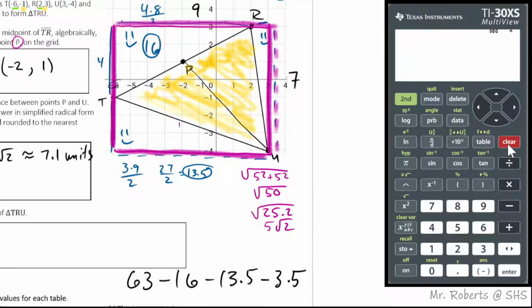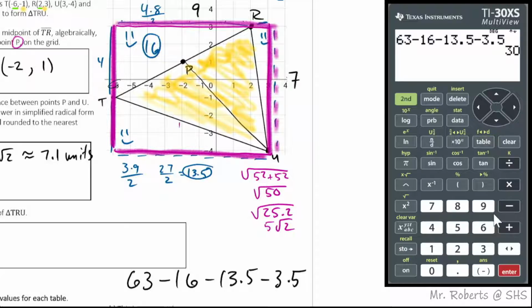So I'm going to go 63 minus 16 minus 13.5 and then minus 3.5. And I get 30.